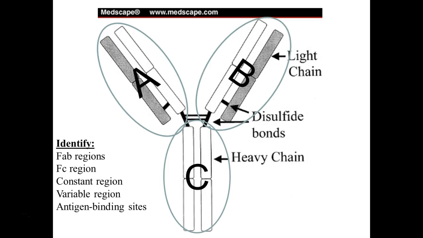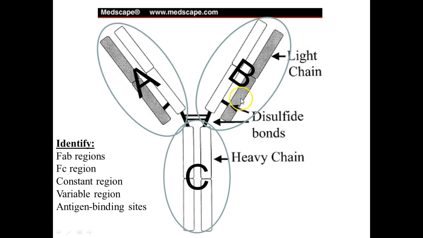So the A and B fragments were known as the antigen binding fraction, where A stands for antigen and B for binding. That works out with our diagram too, right? Because it's what I have labeled A and B. The F means fraction, a piece of. So the FAB regions are shown here.